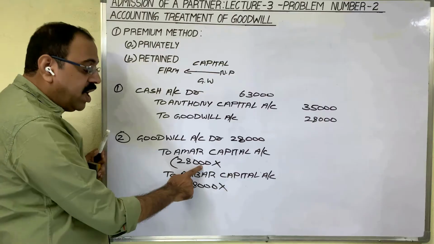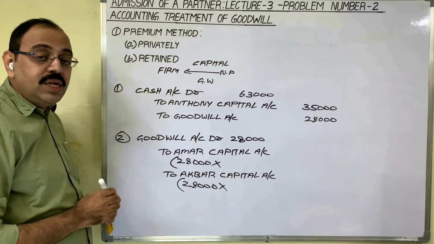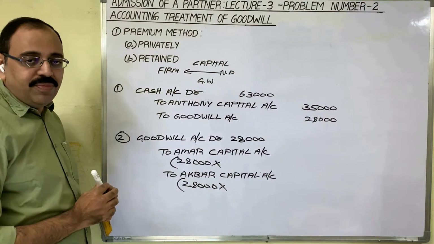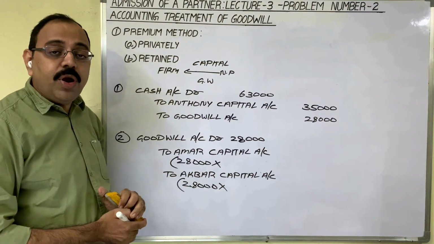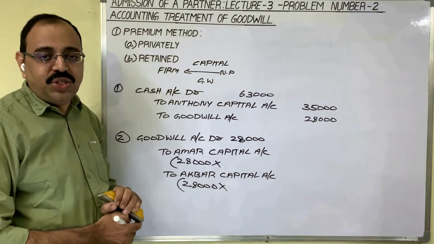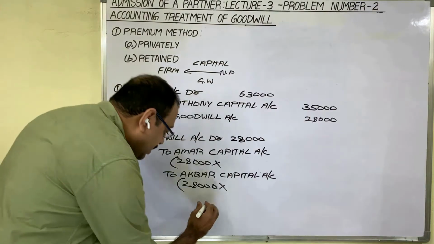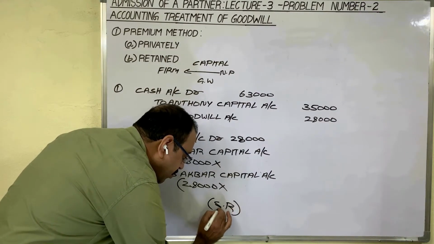Now this goodwill amount, in which ratio do we have to distribute to old partners? Recollect the previous problem, problem number 1. In that problem, I clearly explained about sacrificing ratio. So, in sacrificing ratio, we have to distribute this goodwill.